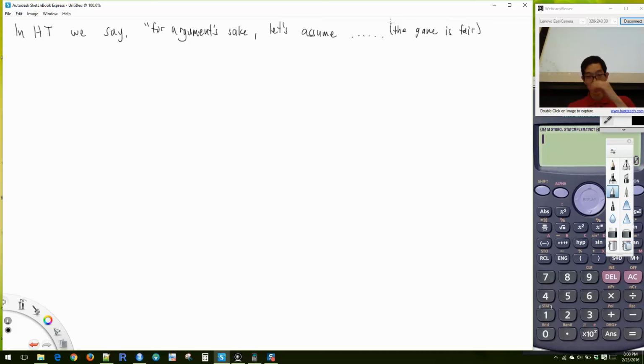Okay, the thing that we're assuming, this is actually called the null hypothesis. Let's assume the null hypothesis is true. So when we say, for argument's sake, let's assume the game is fair, the generic term for all hypothesis testing is, for argument's sake, let's assume the null hypothesis is true.